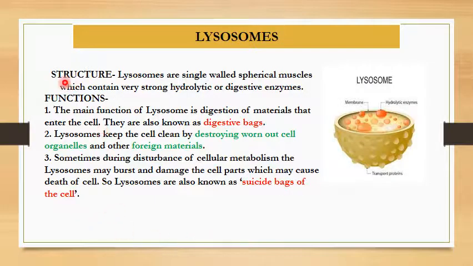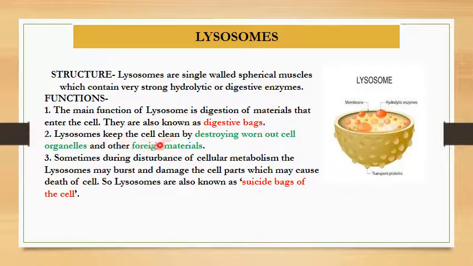Lysosomes. Structure. Lysosomes are single-walled spherical sacs which contain very strong hydrolytic or digestive enzymes. Functions. The main function of lysosome is digestion of materials that enter the cell. They are also known as digestive bags.